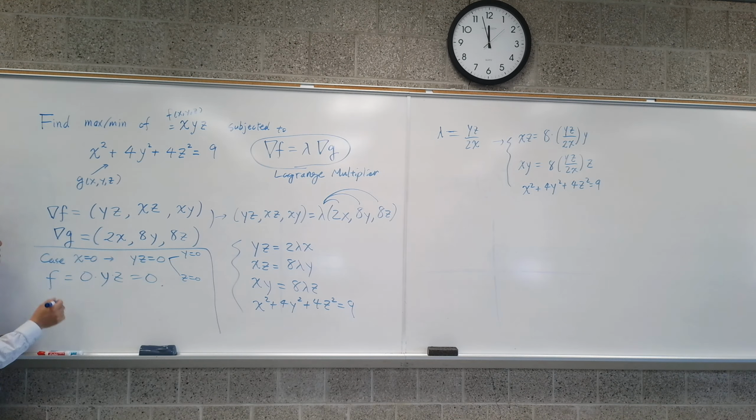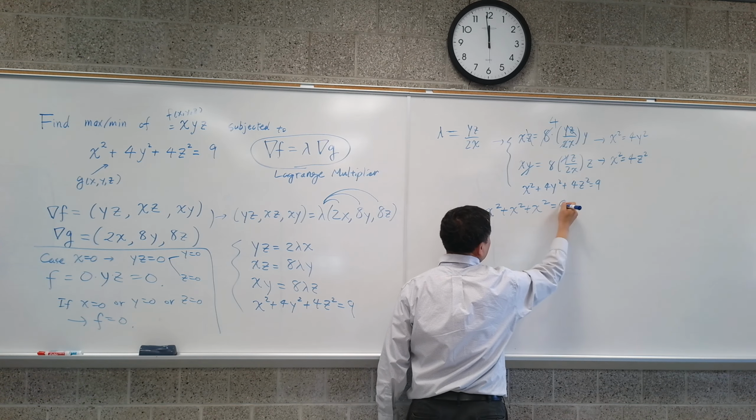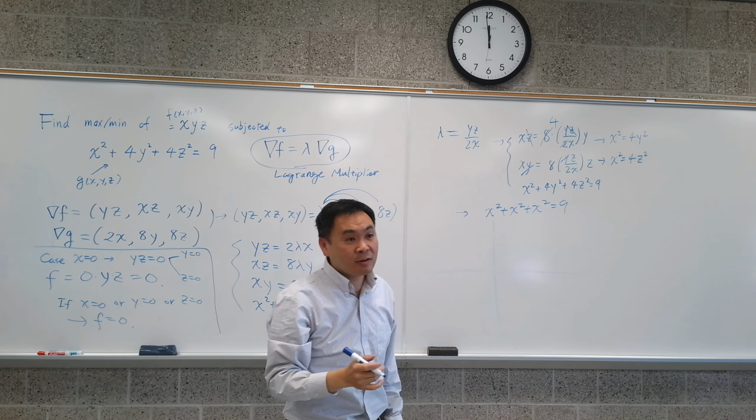Okay? And that means both of these can be x squared. So this can further simplify by taking this equation and this equation and plugging in here. 4y squared is x squared, 4z squared is x squared, so we have x squared plus x squared plus x squared equal to 9. Are you following?